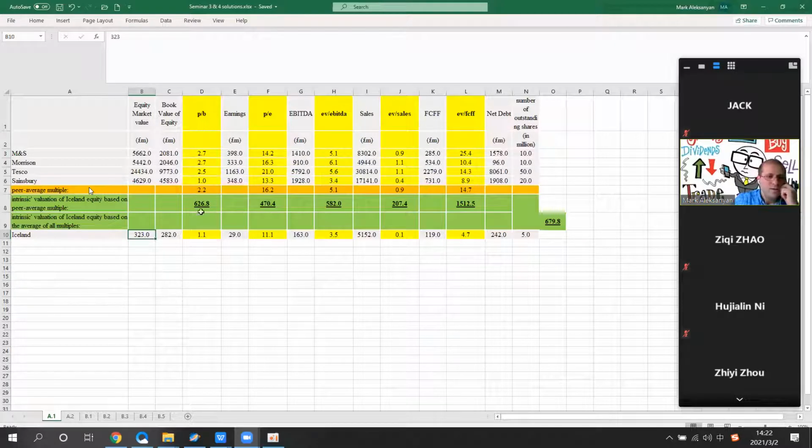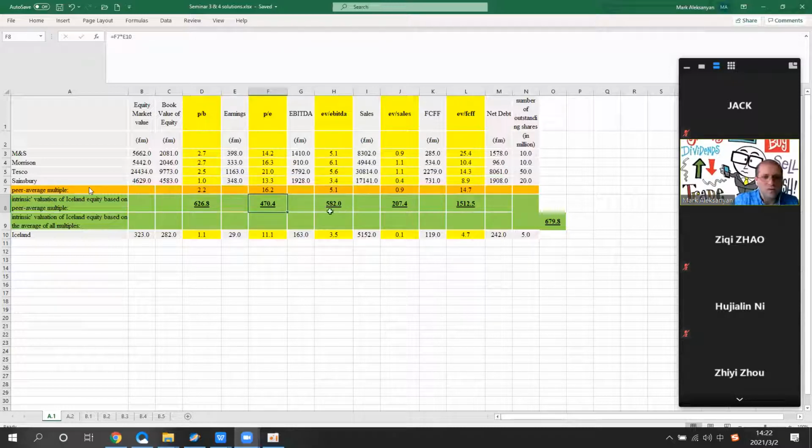However, if it were valued in line with its peers, based on price to book, it should have been trading at 626. So that's our estimate. Or if we were to value it using the PE multiple, in line with peers, its intrinsic valuation would have been 440.